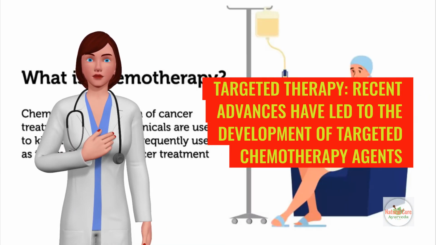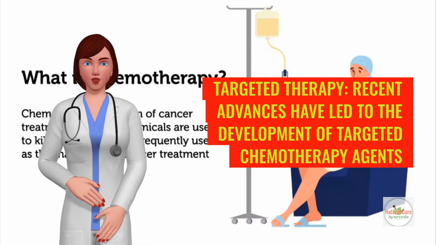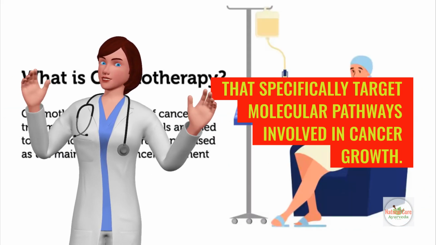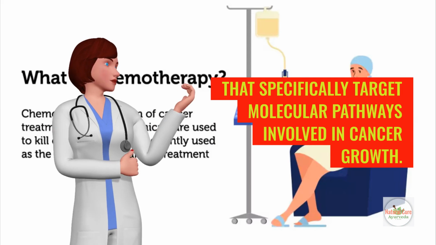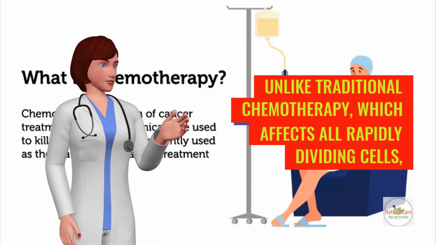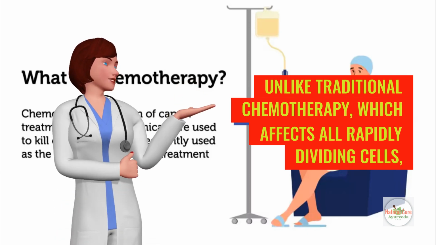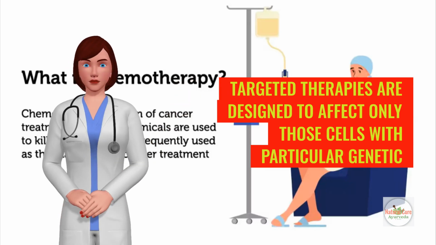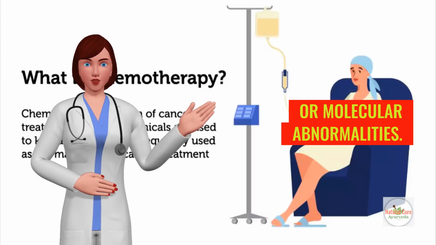Targeted therapy. Recent advances have led to the development of targeted chemotherapy agents that specifically target molecular pathways involved in cancer growth. Unlike traditional chemotherapy, which affects all rapidly dividing cells, targeted therapies are designed to affect only those cells with particular genetic or molecular abnormalities.